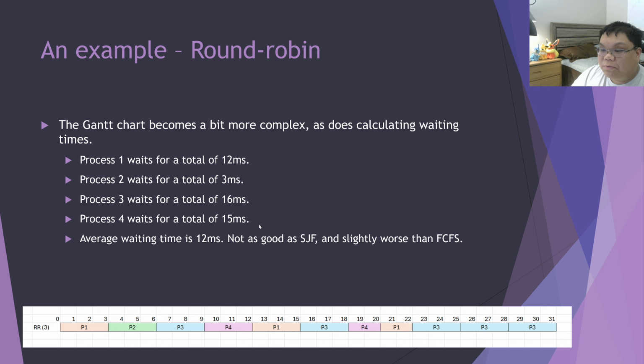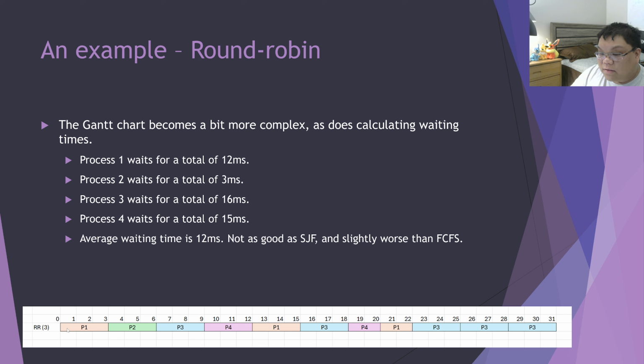Process 3 waits for 16 milliseconds. It had to wait for 6 milliseconds for processes 1 and 2, and then 6 more milliseconds for processes 4 and 1, and then this many more milliseconds for processes 4 and 1 again.